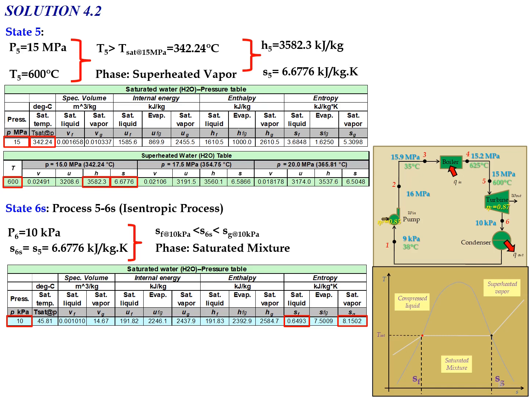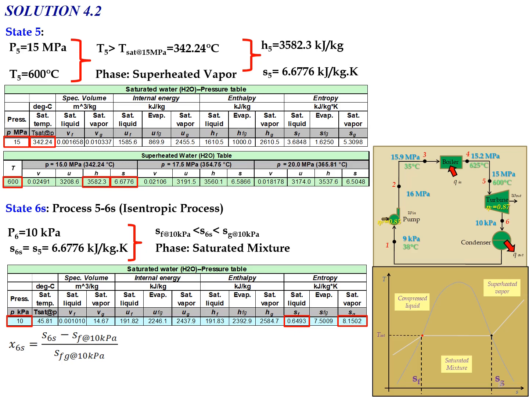So for the saturated mixture region, the value of enthalpy we cannot obtain directly from the table or by using interpolation. But for a saturated mixture, the enthalpy value we can determine by using an equation. So first we need to determine the value of X, the steam quality for state 6S, by manipulating the equation for entropy, where X6S equals S6S minus SF at 10 kilopascal divided by SFG at 10 kilopascal.